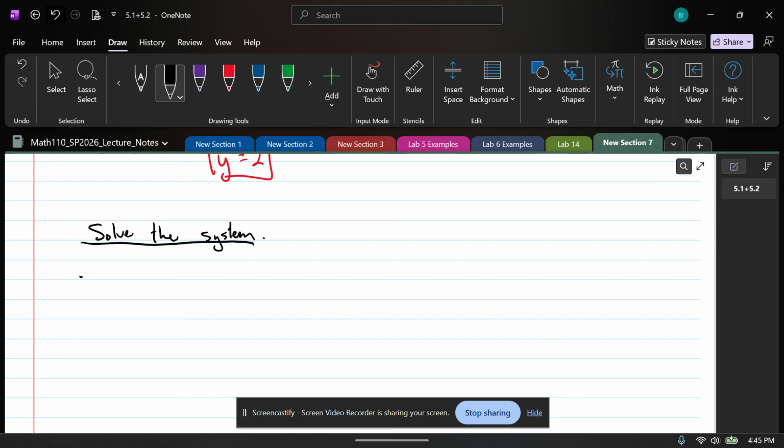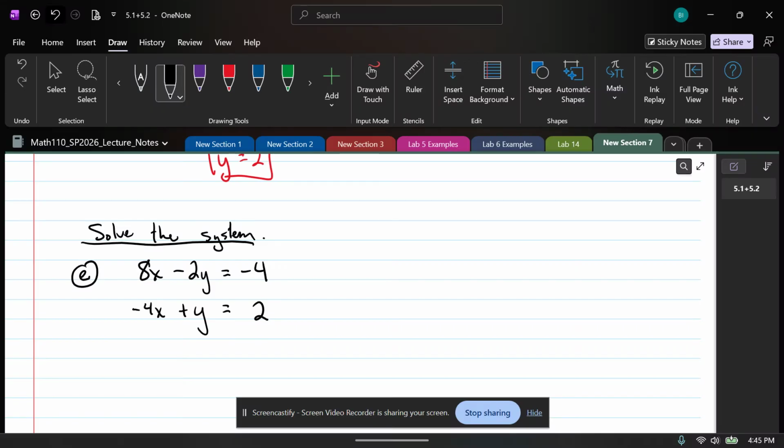Okay? So let's look at this one. 8x minus 2y equals negative 4. Negative 4x plus y equals 2. All right.